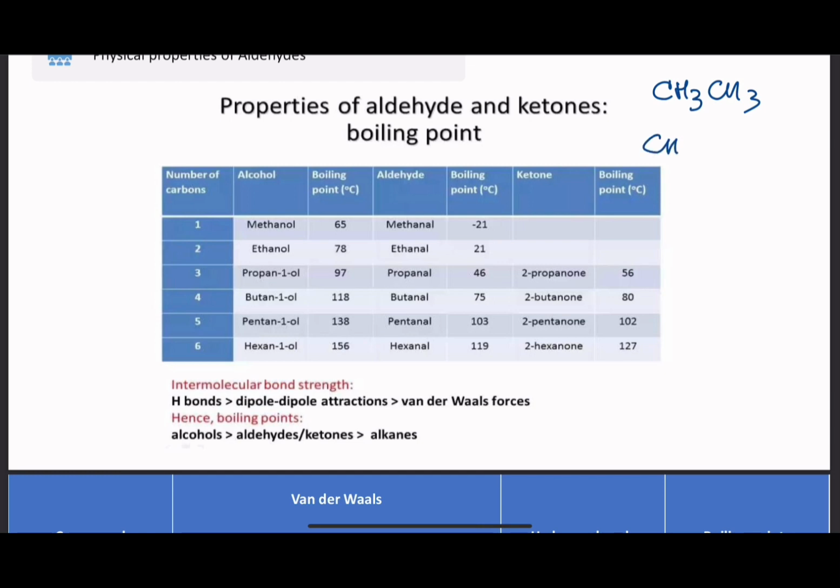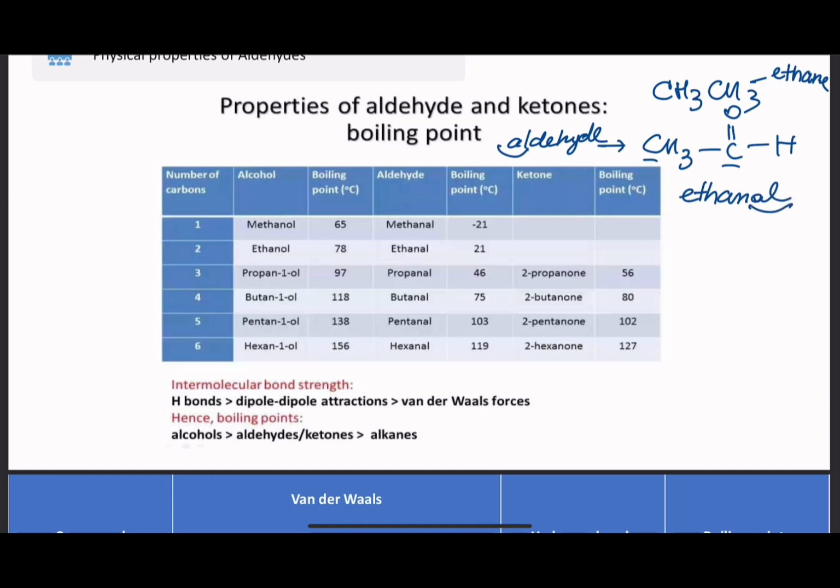If I have CH3, COH, this guy is an aldehyde, because we have the functional group at the end, and "al" is the name ending we use for aldehydes. This one has 2 carbons, so it will be ethanal.